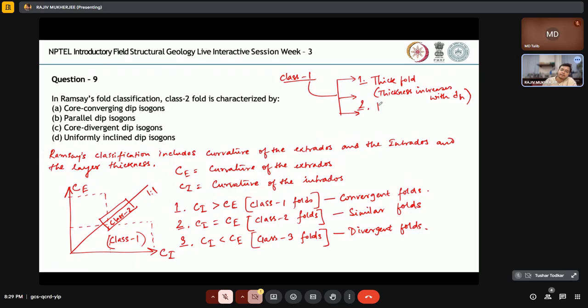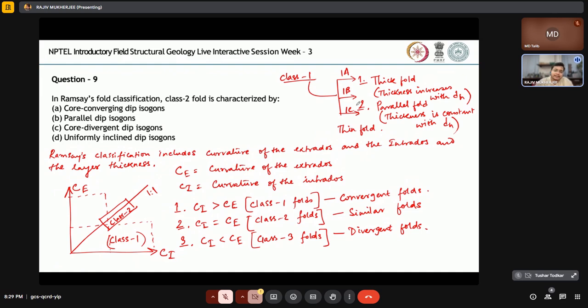Parallel fold, where thickness is constant with DH. And the last one is thin fold, which is exactly opposite to the first kind of folds, right? So these are known as 1A, 1B and 1C category of folds that belong to class 1 kind of folds.